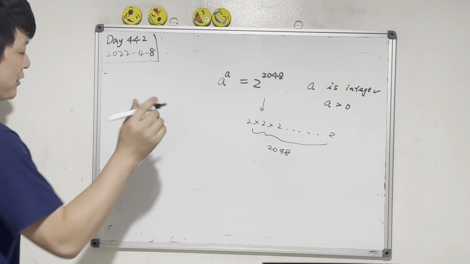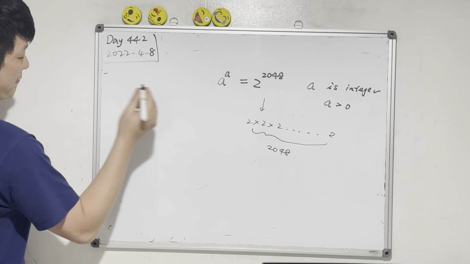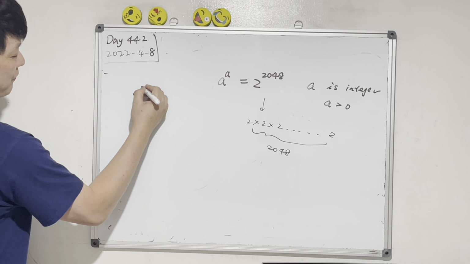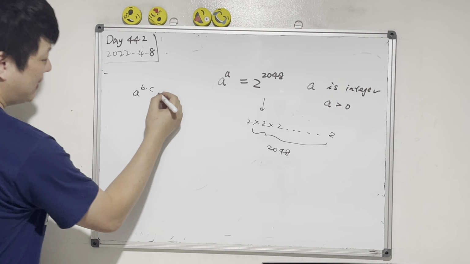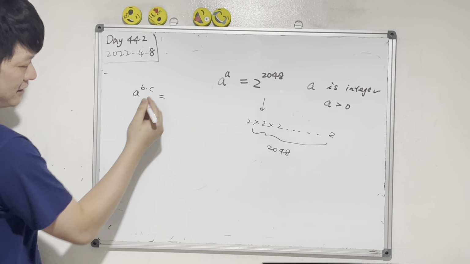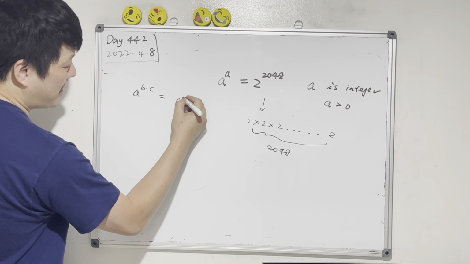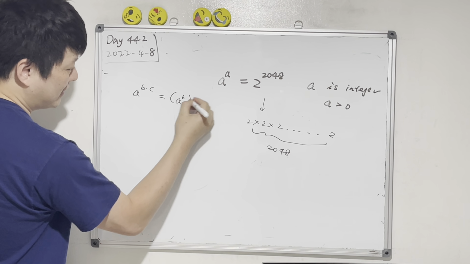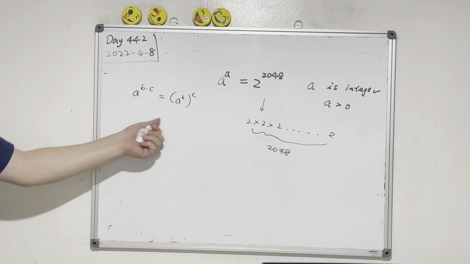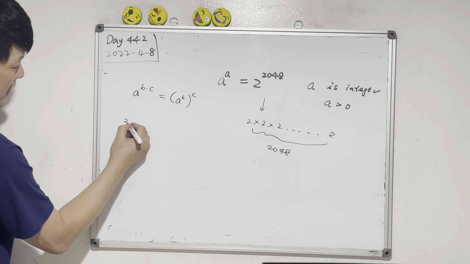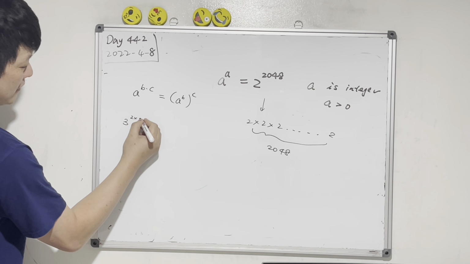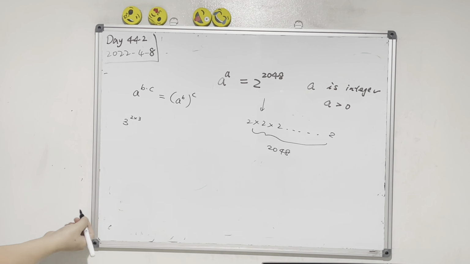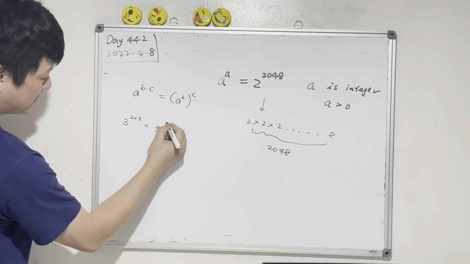Okay, so let me show you. A to the power of B times C actually equals A to the power of B, then to the power of C. How can I interpret this? 3 to the power of 2 times 3 is 3 to the power of 6.